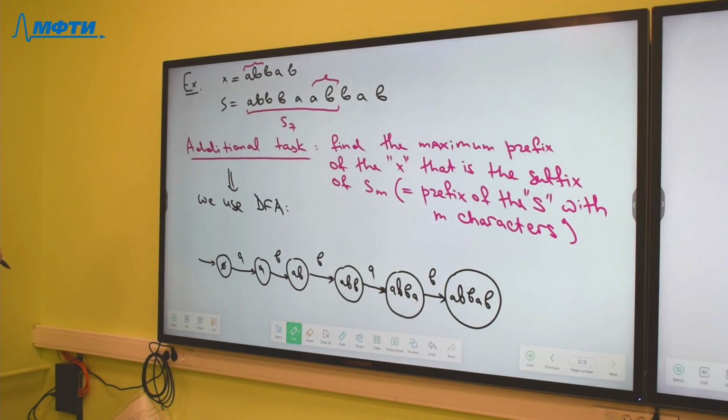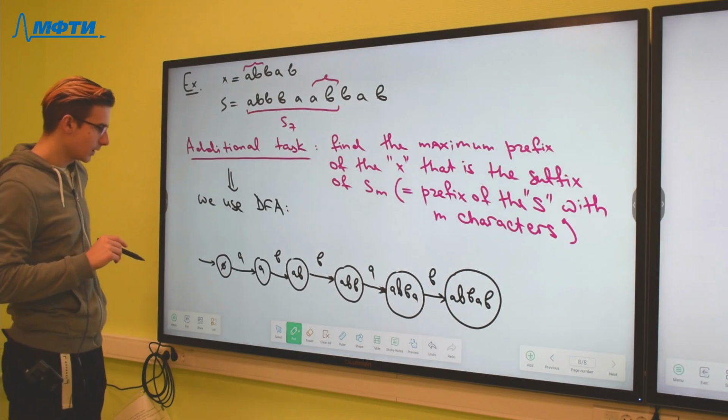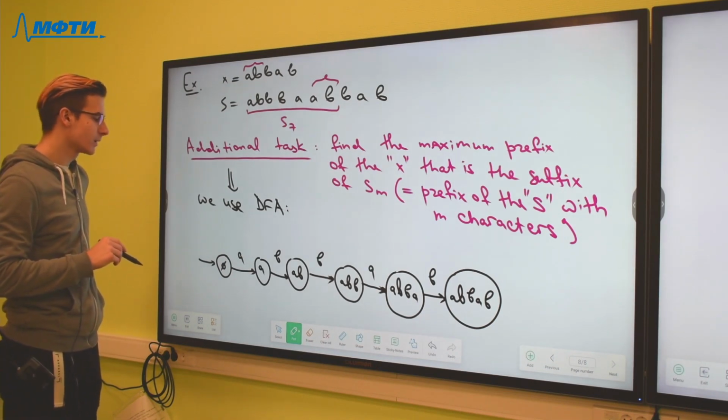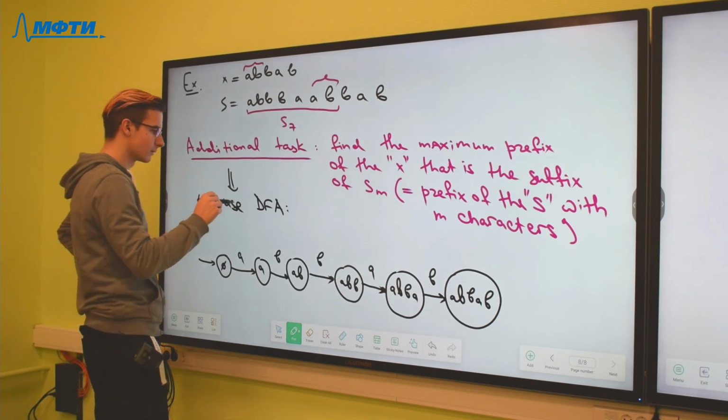And in this case, it is interesting that we need some additional edges that make an NFA, a non-deterministic finite automaton, from this DFA.